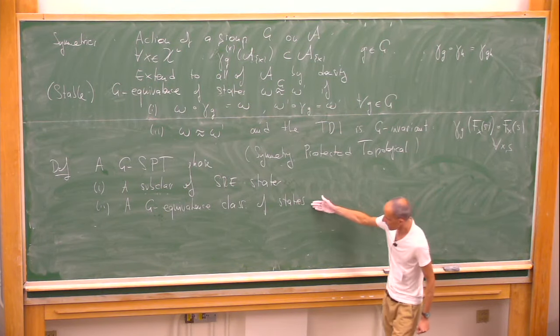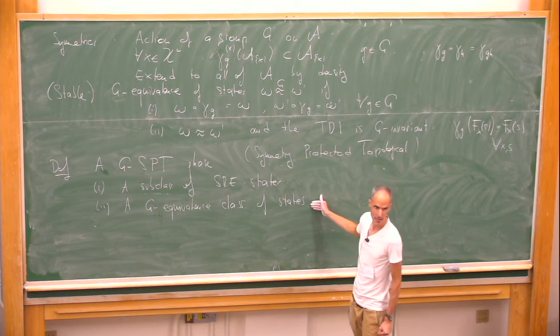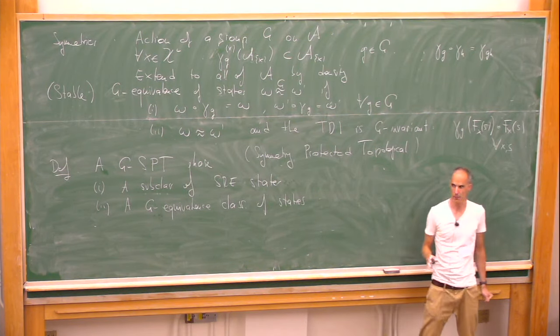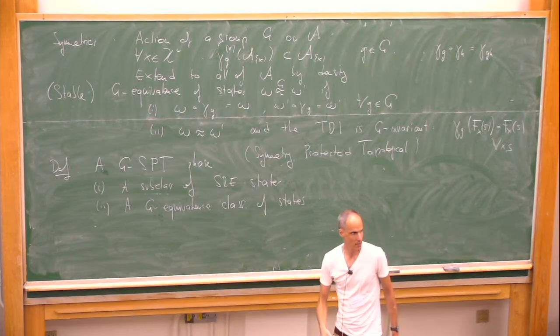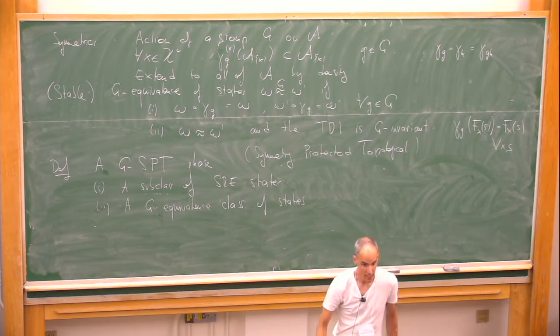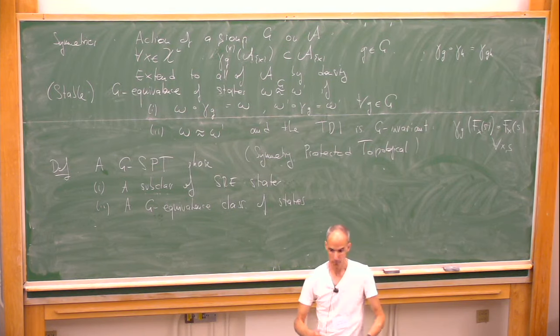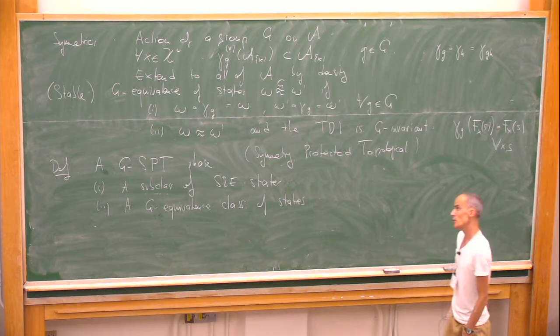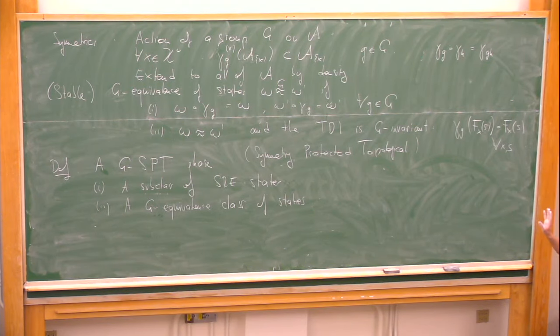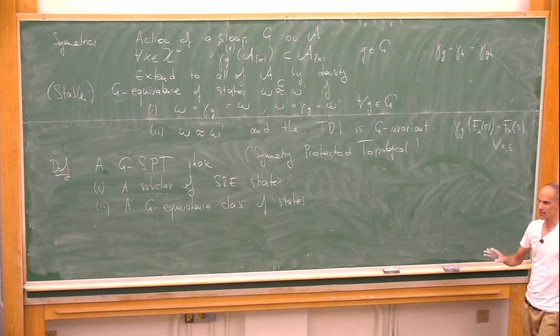You can do the same thing for GSPT phases. We will look at time reversal invariance because it's just nice. And we'll again try to construct an index which will tell us whether I'm in a trivial SPT phase or not. In a sense, this work was already completely done in the context of non-interacting phases.